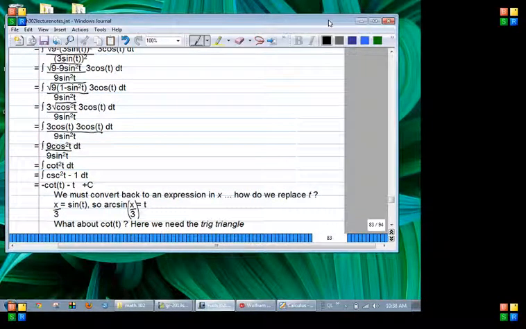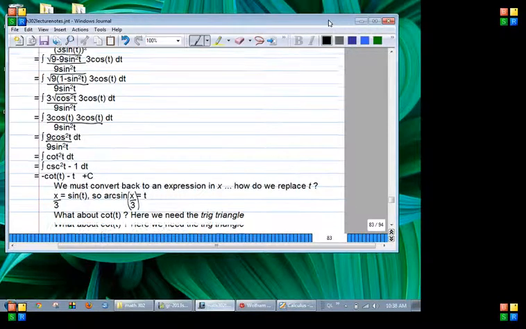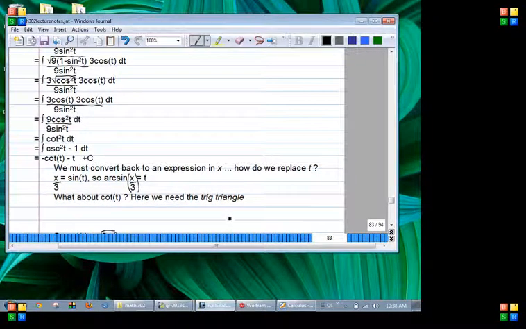But what about cotan of t? For this, we're going to have to use our knowledge of trig, and we're going to make the trig triangle. It looks like this. First of all, where does t go in this picture? t is the angle.